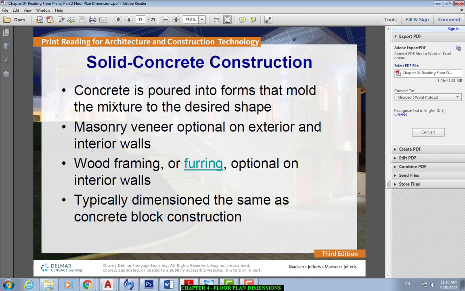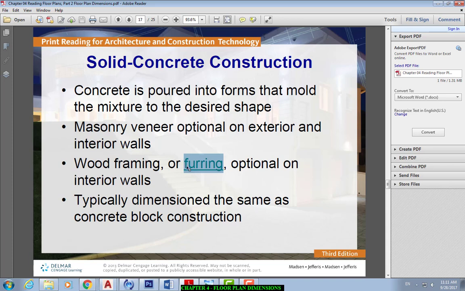This I want to show you too. Veneer, wood framing or furring out is optional for interior walls. Furring is very important too, and I want to show you what it is. You can do furring with solid concrete or CMU construction.